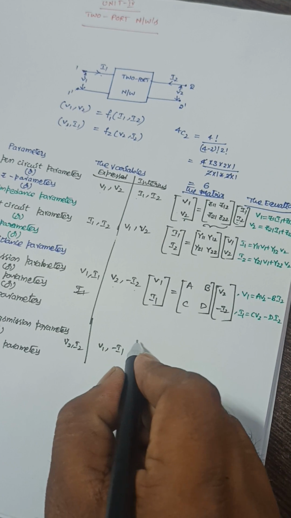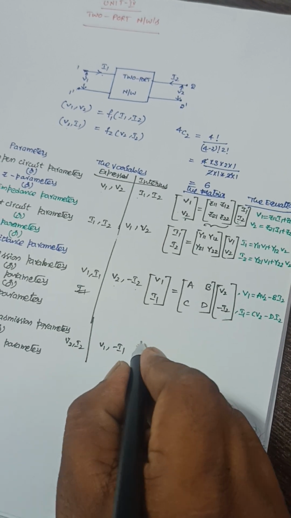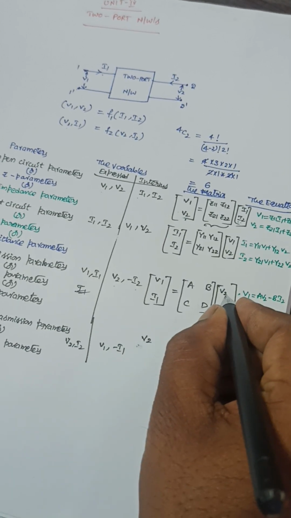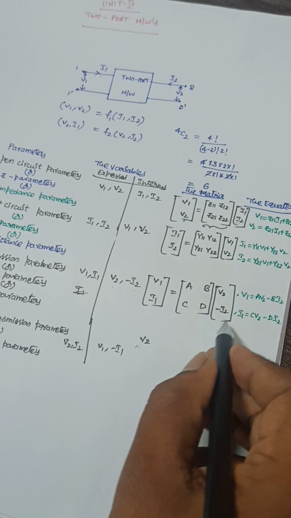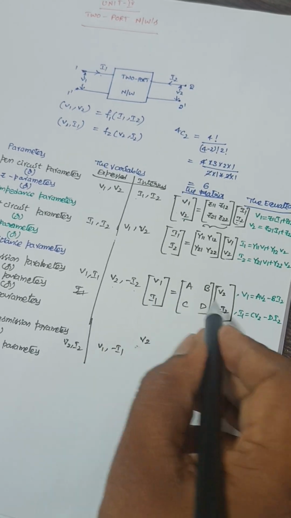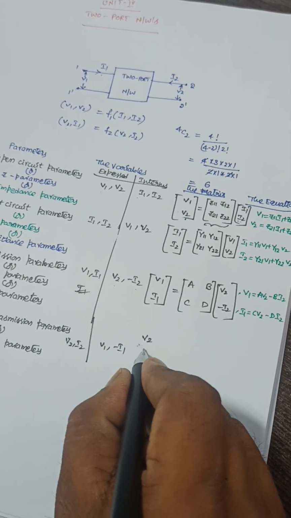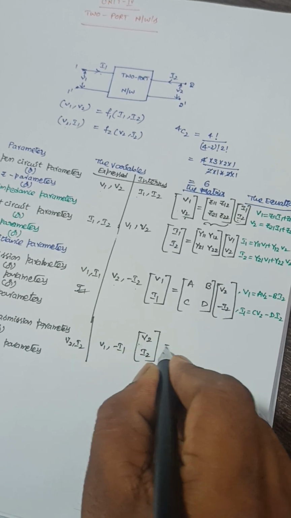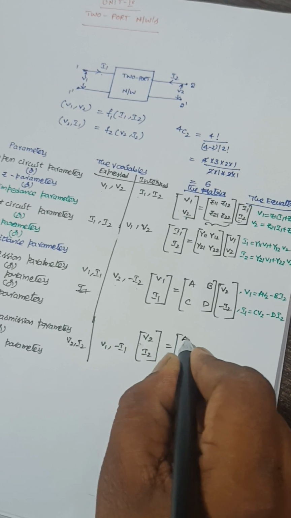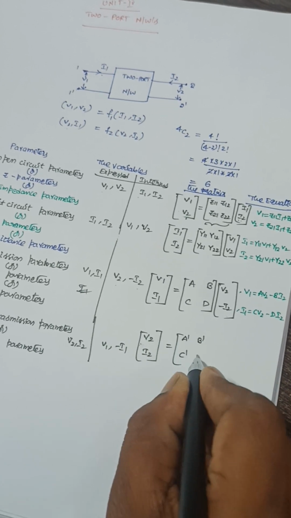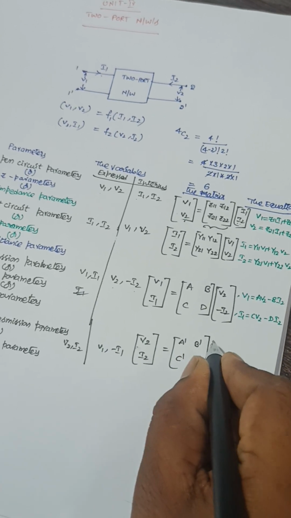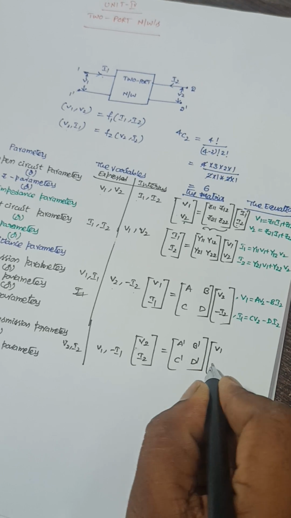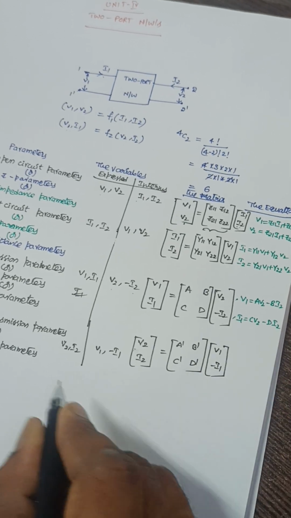In vector matrix notation, V2 and I2 is equal to the matrix A dash, B dash, C dash, D dash times V1 and minus I1.